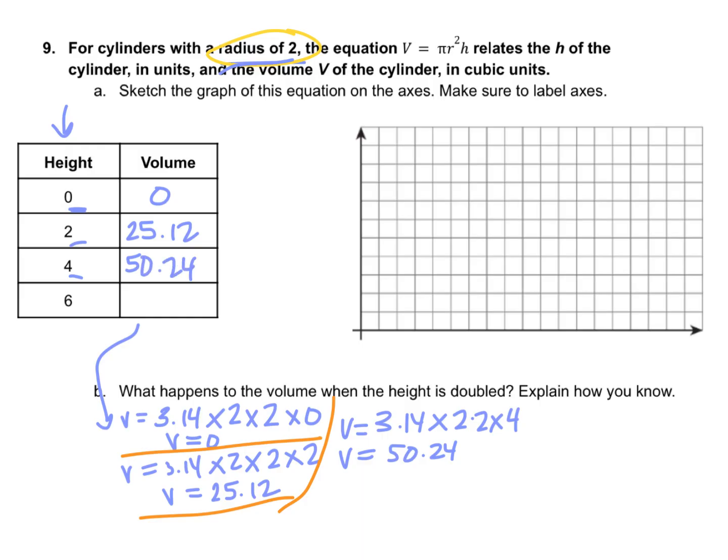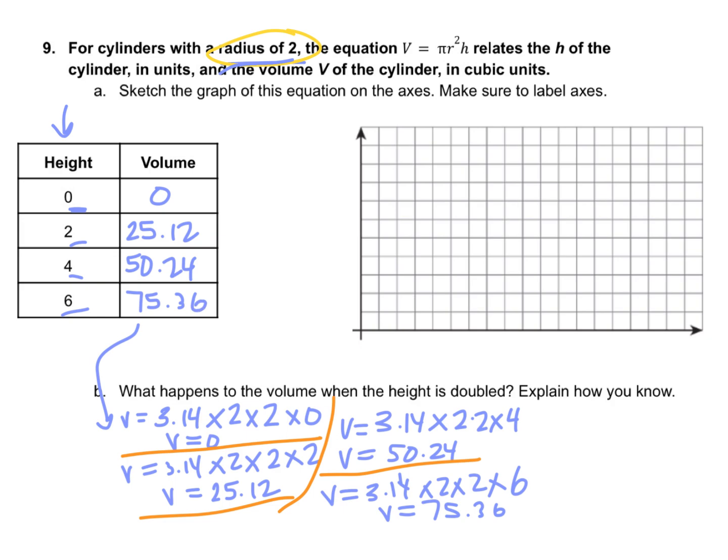And then finally, my height is 6. Okay, so keeping with the same radius of 2, but now my height is 6, I get 75.36. So it kind of seems like a pattern here.